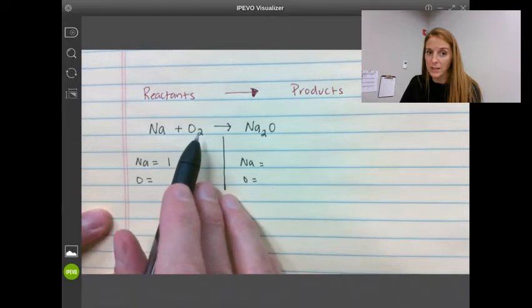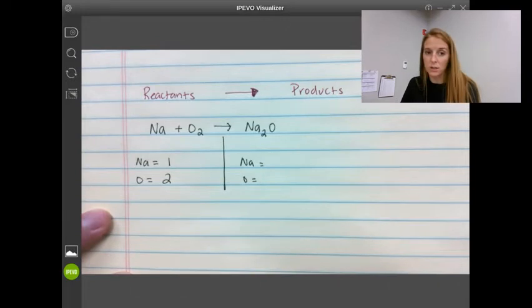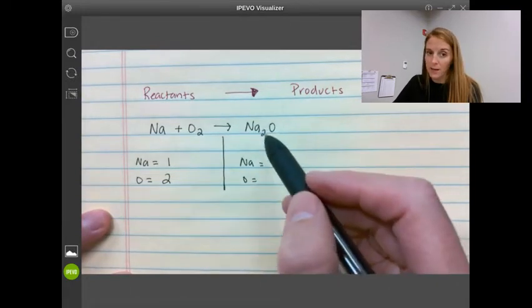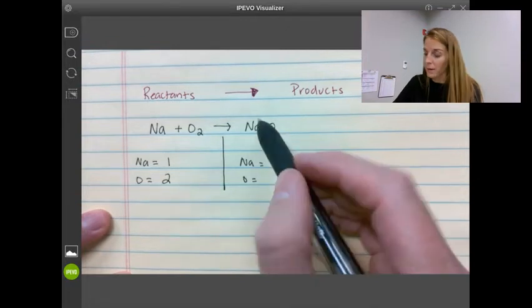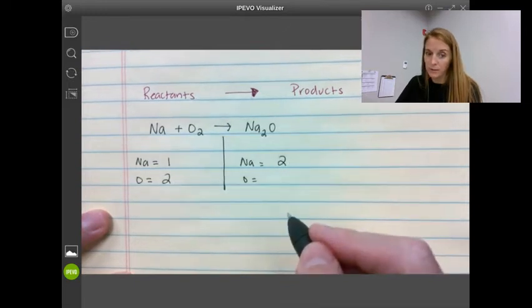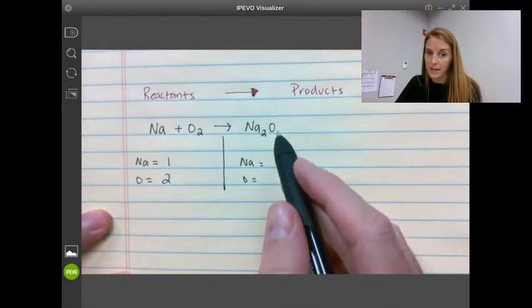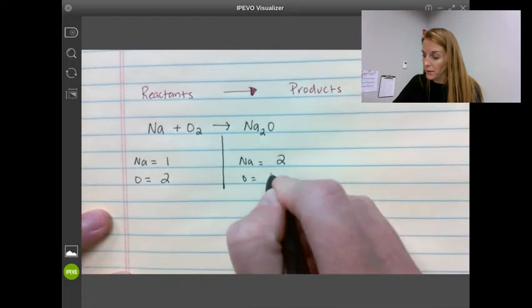So that little 2 is indicating to me that I have 2 oxygens. And then on my right side, on my products, I have my Na with a little 2. So I would have 2 sodiums. And then again, there's no little subscript here. There's no number. So that always means that it's a 1. So it's 1.